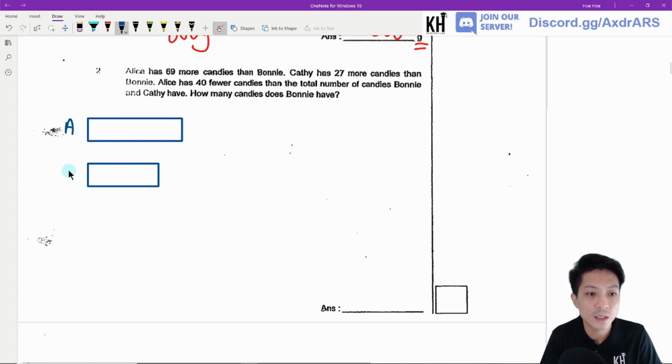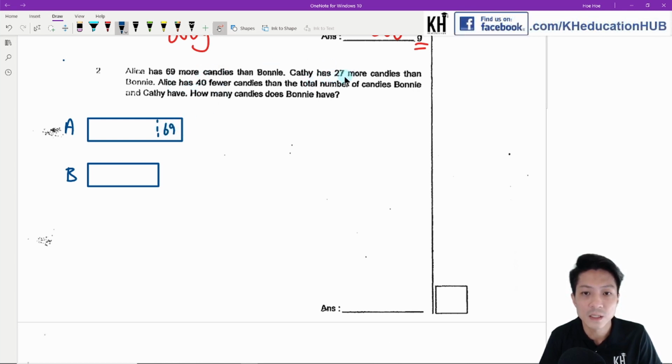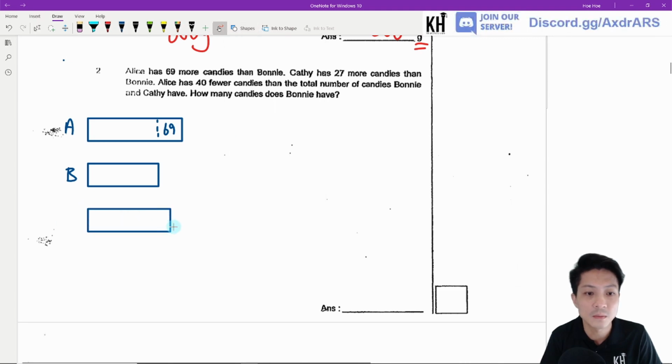This can be Alice, this can be Bonnie, and then the more than will be 69. Katie has 27 more candies than Bonnie. So I am going to draw another block which represents Katie. May look the same, but it's not the same. Okay, remember that.